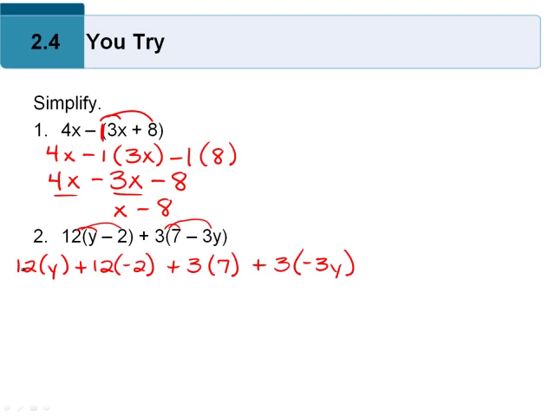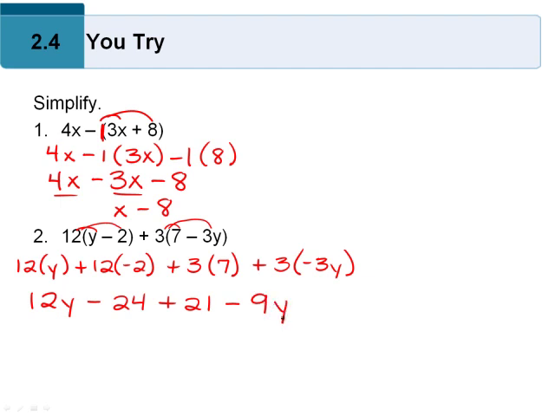Alright, so 12 times y gives you 12y. Now 12 times negative 2 is going to be negative 24. Okay? Then 3 times 7 is a positive 21. And 3 times negative 3y is going to be negative 9y.